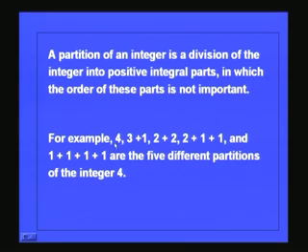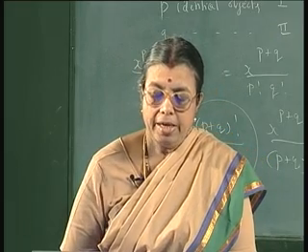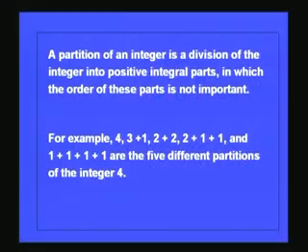Either you can have just 4 alone, or split it as 3 and 1, or 2 and 2, or 2, 1, 1, or 1, 1, 1, 1. So, the number of different partitions is 5 here. This is also the number of ways of distributing non-distinct objects into non-distinct cells.